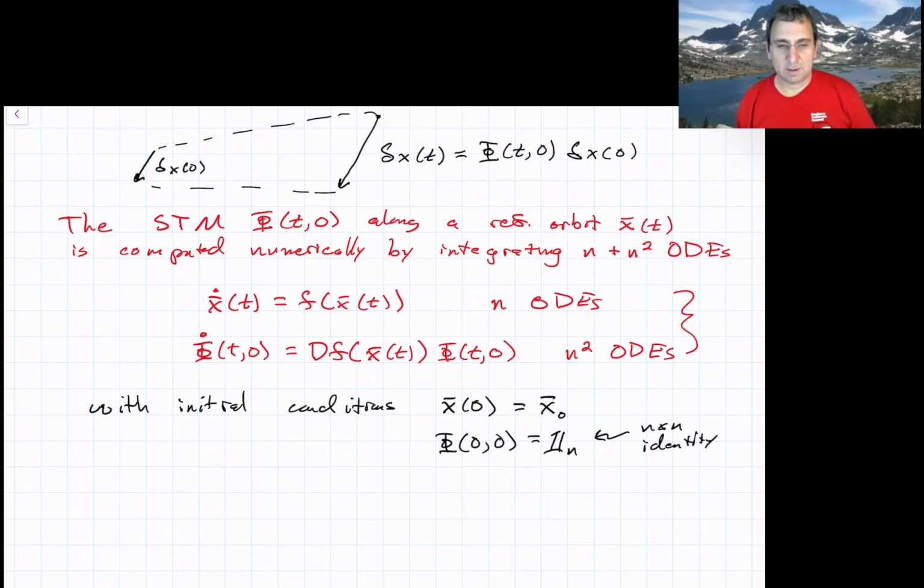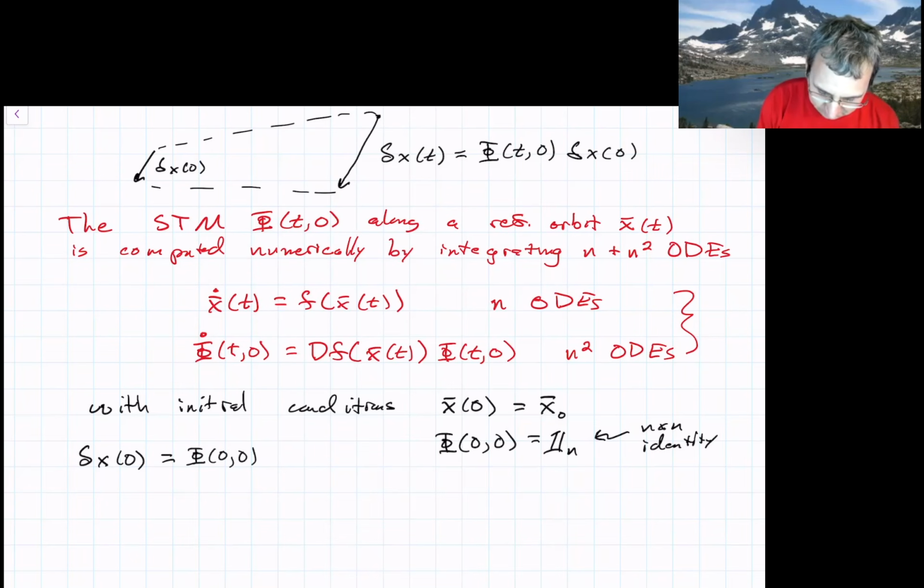Because if there hasn't been any motion, that means delta x at time 0 is going to be phi of 0, 0 times delta x at time 0. So that means this has to be the identity.